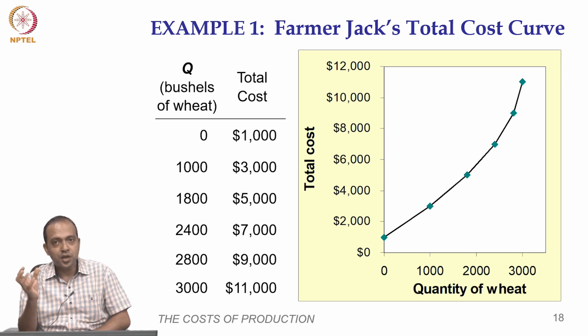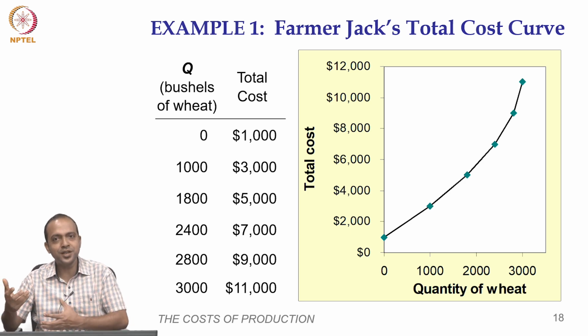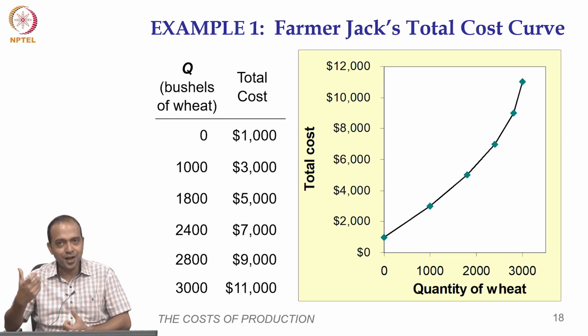So, that means if you keep on hiring labor, that labor is contributing less and less to the output. So, obviously, if the labor is going to contribute less to your output, what will happen to your total cost? Your total cost will increase, because you are not getting enough return from there. So, you need more and more labor to produce the same amount of output.